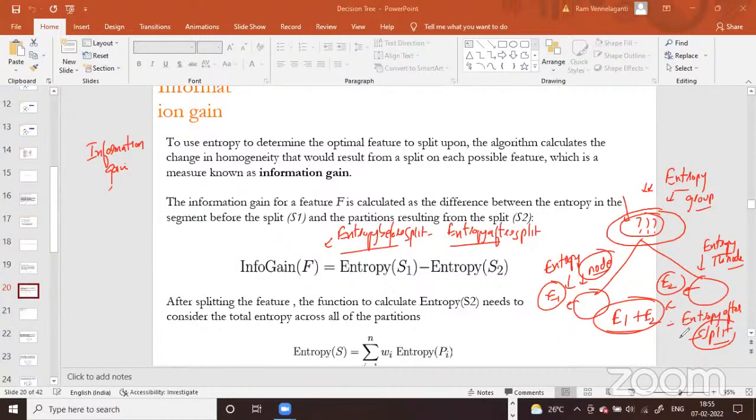What is that you're going to do? You are going to subtract entropy before split minus entropy after split. This is what we are going to do.